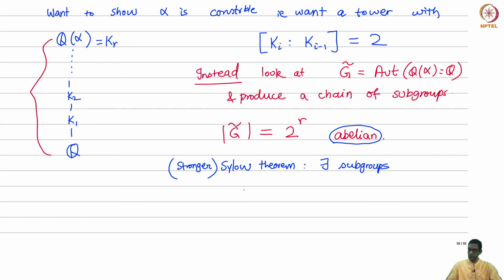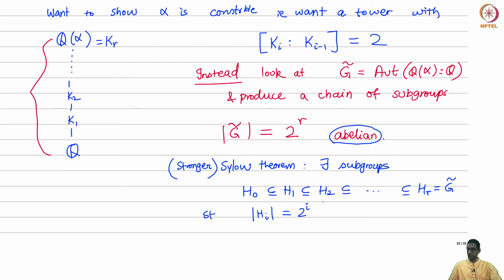So there exist subgroups of the following form: H0 contained in H1, contained in H2, and so on, up to Hr, such that, in the final group G tilde, the cardinality of each Hi is just 2 power i.